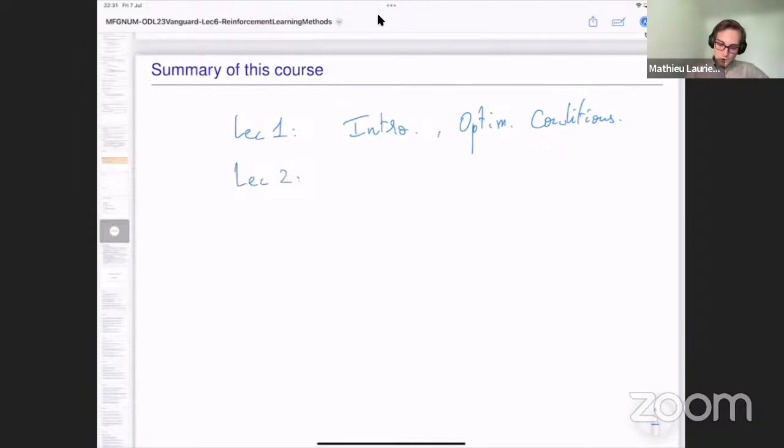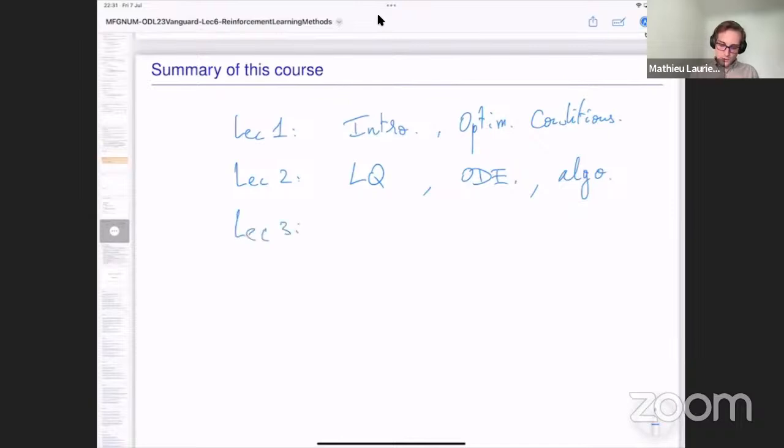Lecture 2 was the case of linear quadratic problems that we approached using ODEs, and we illustrated some of these algorithms, right? So we can already describe why it works. I mean, sometimes it works, sometimes it doesn't work, this fixed point method, fictitious play, etc., using ODEs.